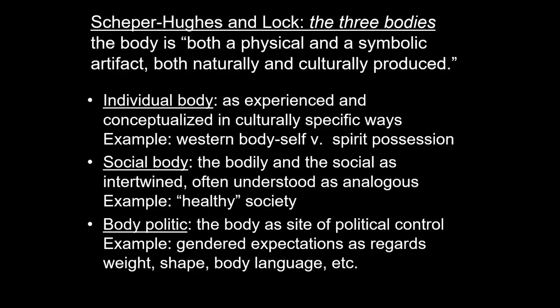So an example of that self-policing is the ways that many of us take pains to meet gendered expectations around bodily presentation. And that can be in terms of the size and shape of the body, the way the body is adorned, even up to things like body language. So the body politic, then, is Shepherd, Hughes, and Lock's way of talking about how political power and control are enacted on and through the body.